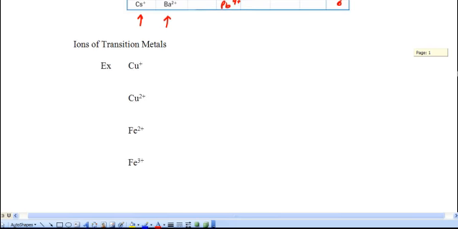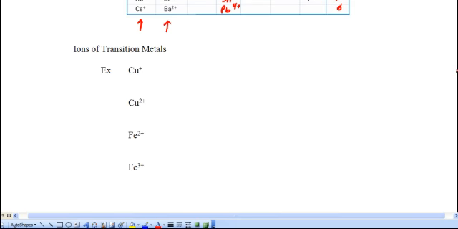Now the transition metals are slightly different because transition metals can have different charges. Copper is a great example. Sometimes copper is a +1, sometimes it is a +2. Iron can be a +2 or a +3. Some transition metals, like manganese, can be anything from a +2 all the way up to a +7. So how do you tell the difference between these? You simply use a Roman numeral to tell the charge on that cation.